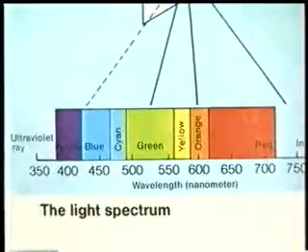Light is an electromagnetic wave. The human eye is capable of seeing wavelengths ranging from 380 nanometer to 780 nanometer, while 1 nanometer is equal to 10 to the power minus 9 meter. The difference in wavelength is what causes color.